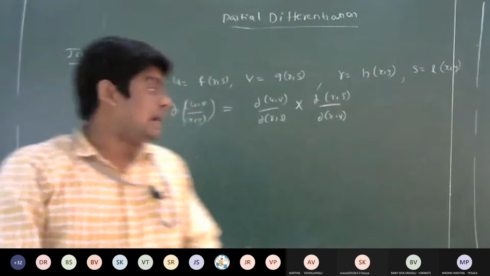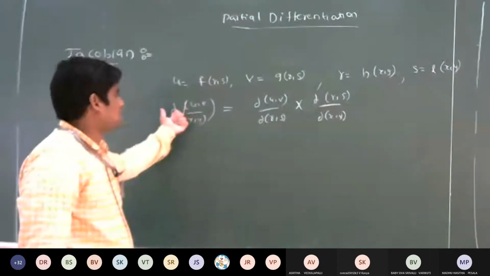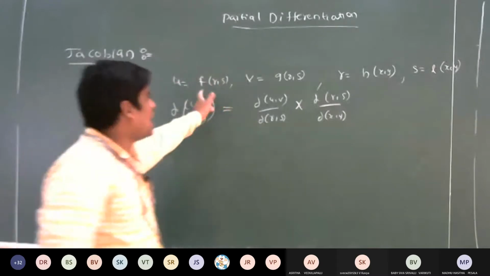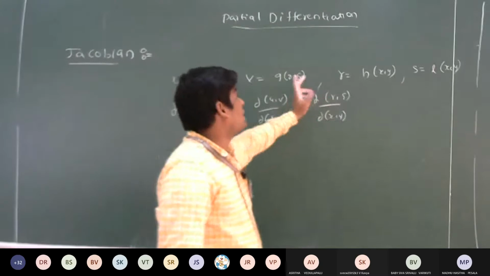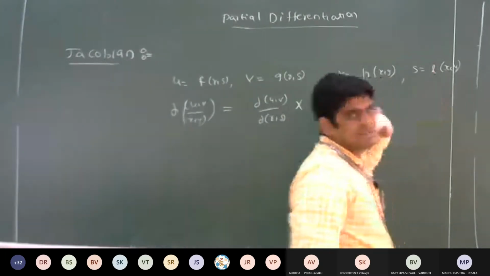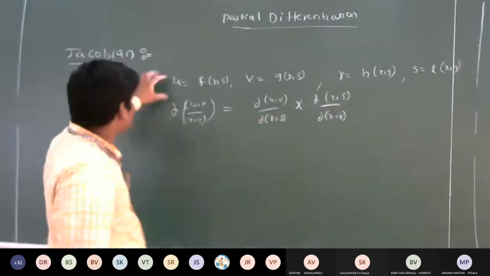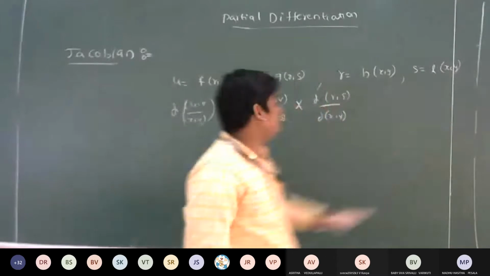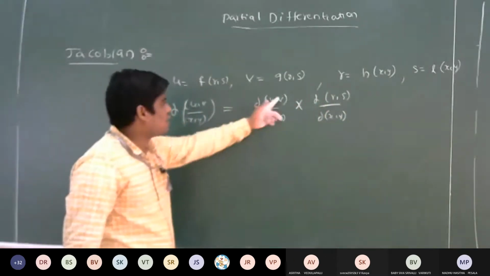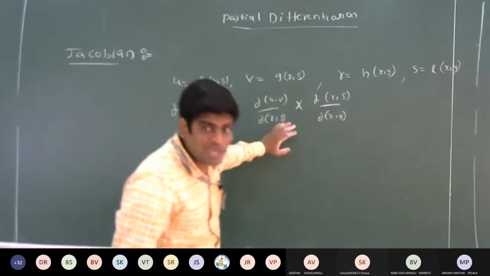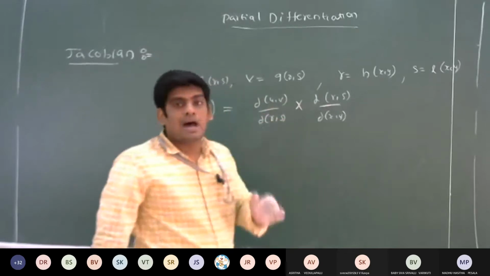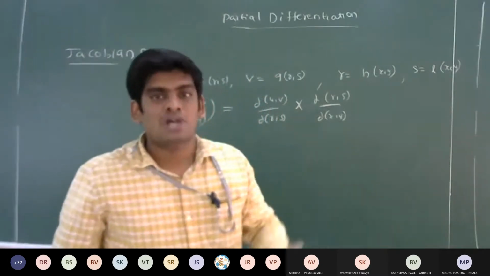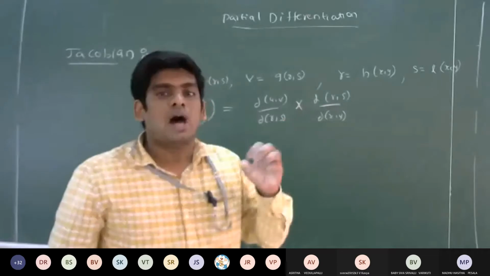This is the second property of the Jacobian. Here u and v are functions of r, s, and r and s are functions of x, y. So the Jacobian of u, v with respect to x, y is the Jacobian of u, v by r, s, because u, v are not directly functions of x, y; they are functions of r, s.